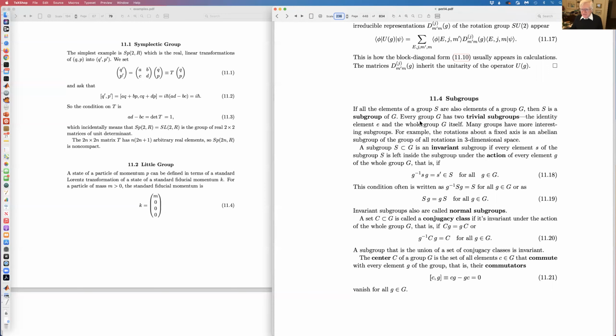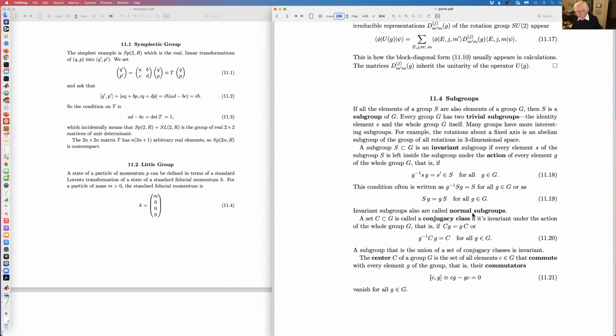A subgroup is an invariant subgroup if for every S in that invariant subgroup, the action G S G inverse gives you S prime, another element of the subgroup. And that subgroup is said to be invariant under the action of the whole group. You can write it this way.